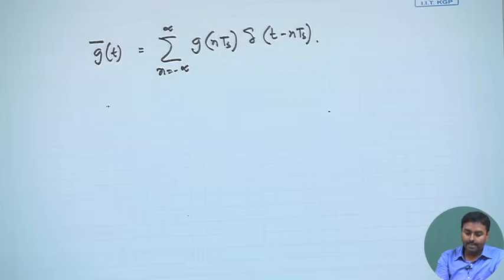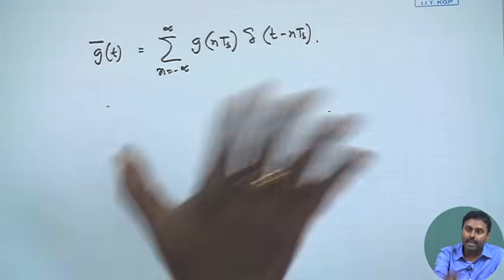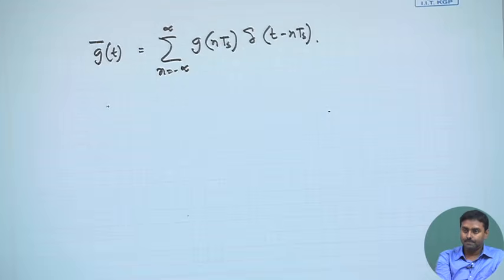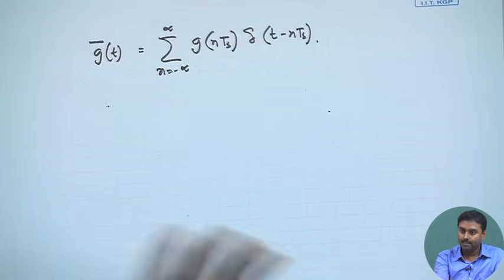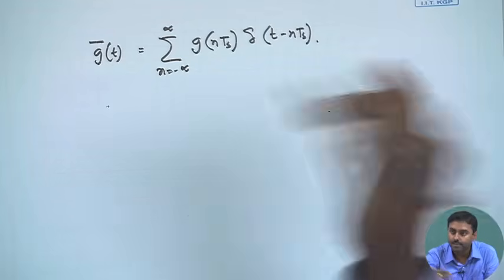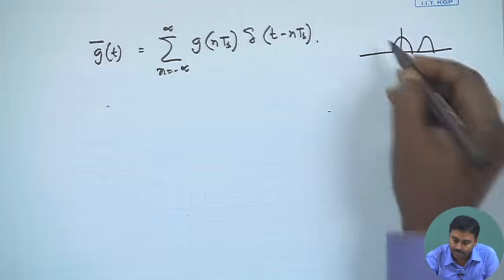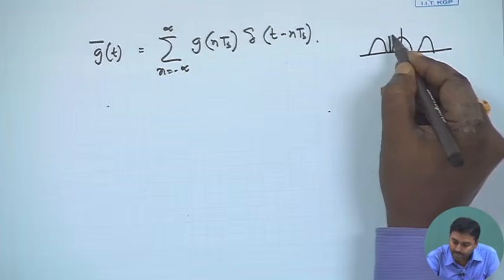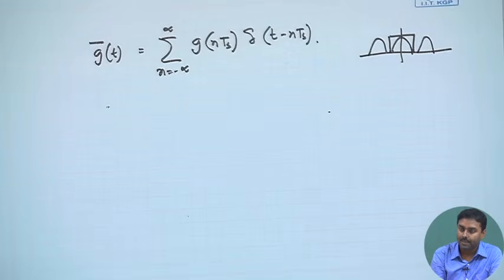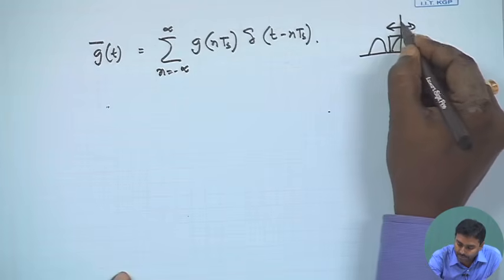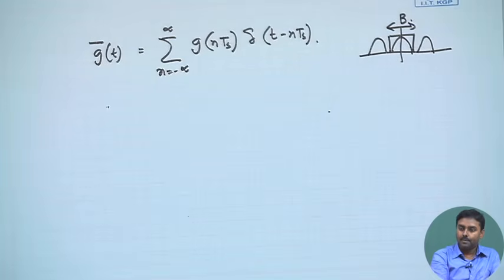Now, if it is following the Nyquist criteria, then I can actually filter this. If we look at the frequency domain representation of g bar t, it looks like this as long as the Nyquist criteria is fulfilled. If I put an ideal low pass filter with a band of B, this must give me back my original signal.